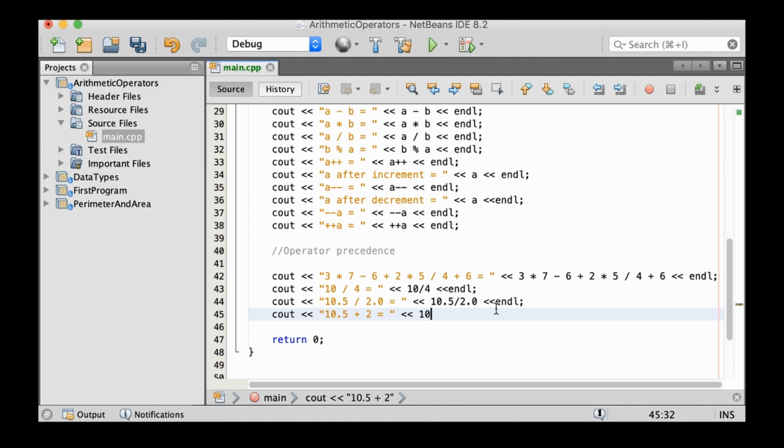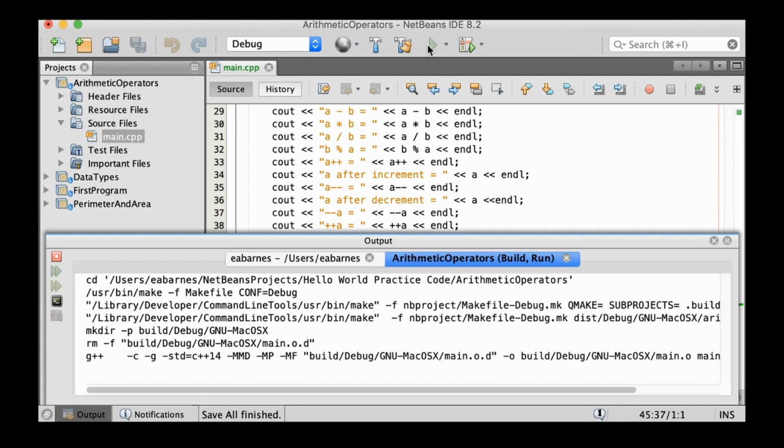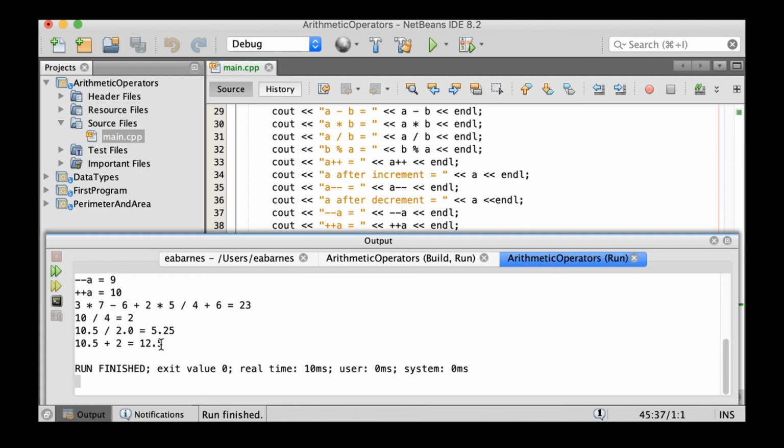Because one operand is a floating point, this 2 will become 2.0, which is an implicit conversion from integer to floating point. So when we evaluate this, we are going to get 12.5.